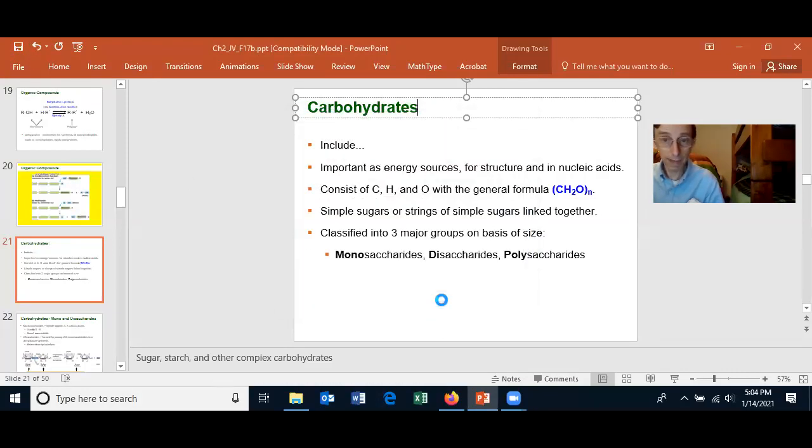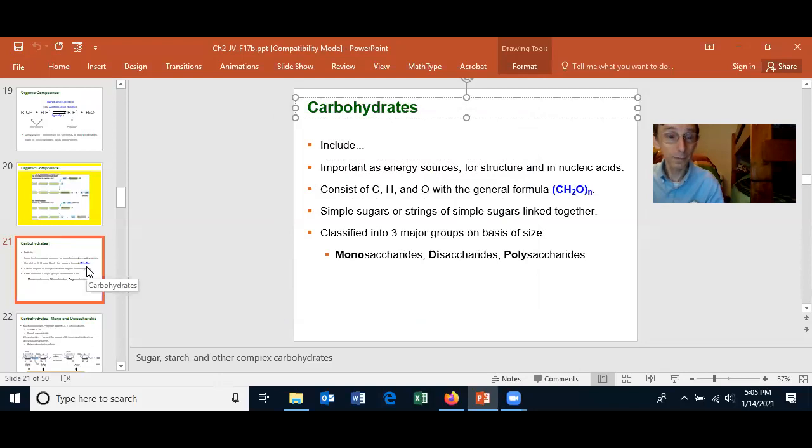And they have it in the ratio of 1 carbon, 2 hydrogens, and 1 oxygen. And then you just repeat that if they have more than 1 carbon. Meaning if it's 2 there, you put a 2 there, and then you got 2 carbons, etc. Any question about that?